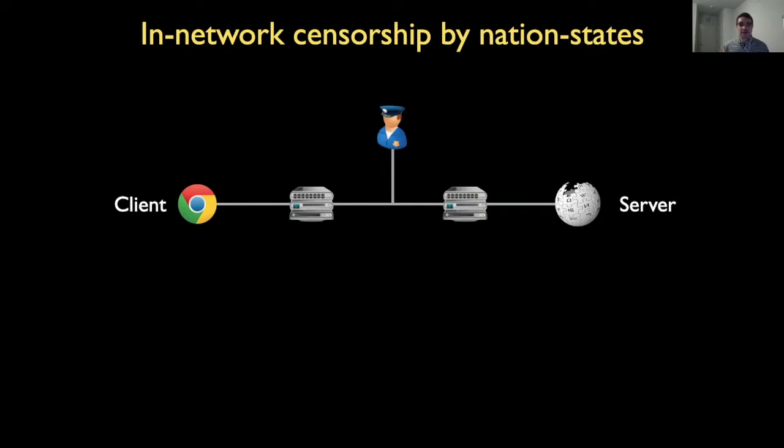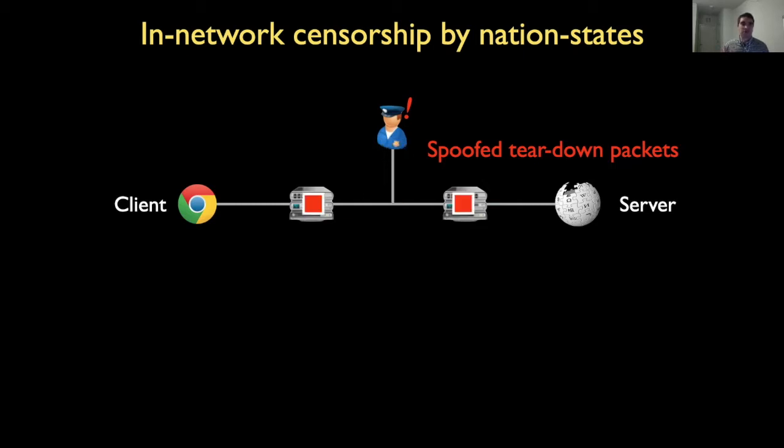Now, if the client makes a forbidden request here, this request will move through the network. The server will get the packet, but the censor will too. If the censor wants to censor this connection, it can't just drop it because it's not in the path. So instead, it performs deep packet inspection. If it determines this is something it needs to censor, it will inject spoofed teardown packets. Specifically, these are TCP reset packets. These are normal packets our computers send all the time, and they exist just to tell the other side, stop talking to me.